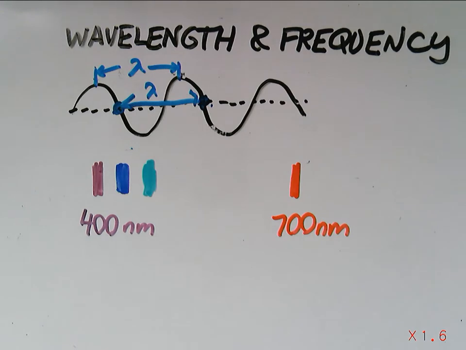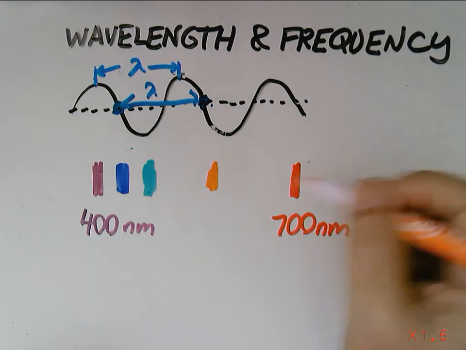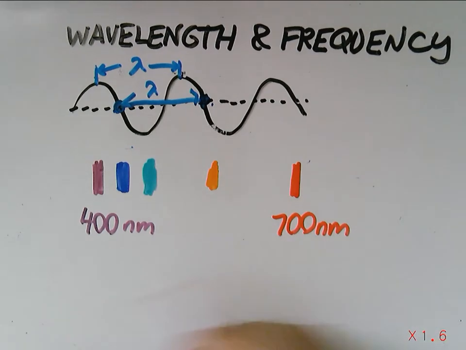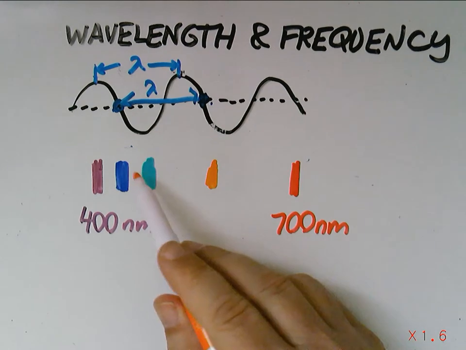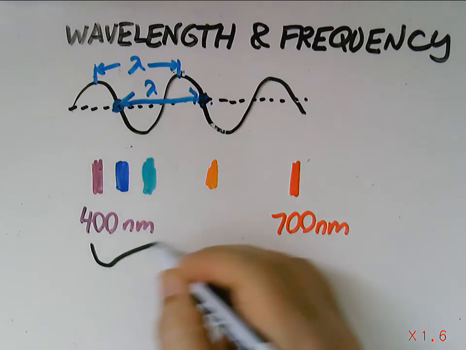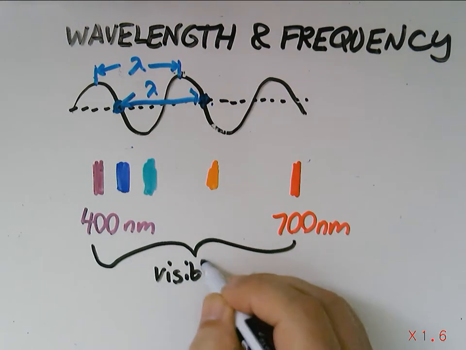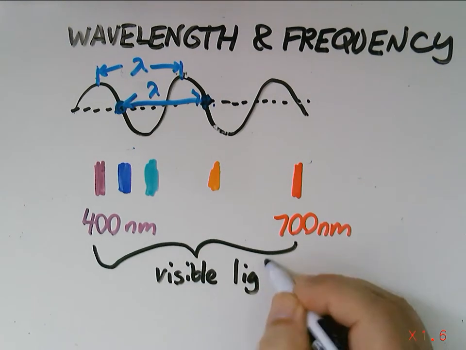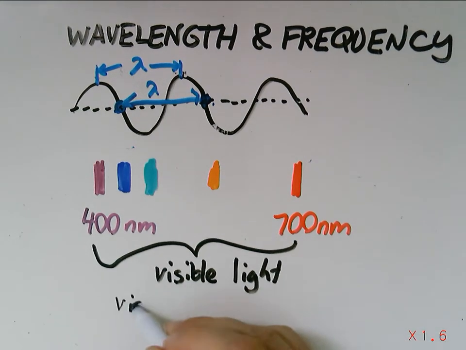Then you can have orange, and then red. So you get red, orange, yellow, green, blue, and violet, and that makes the visible spectrum. You call that wavelength range the visible spectrum.